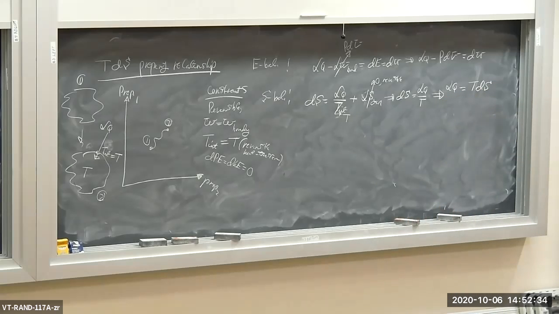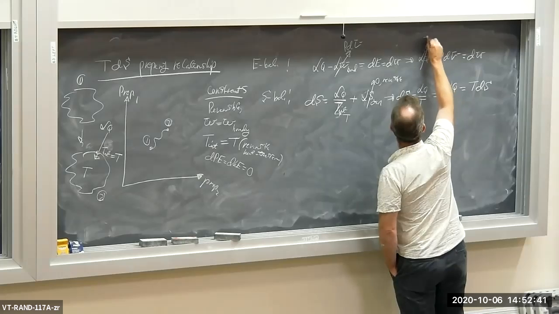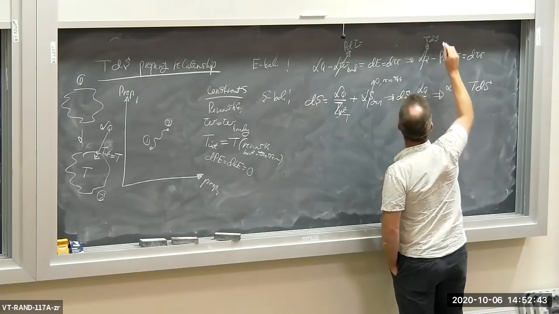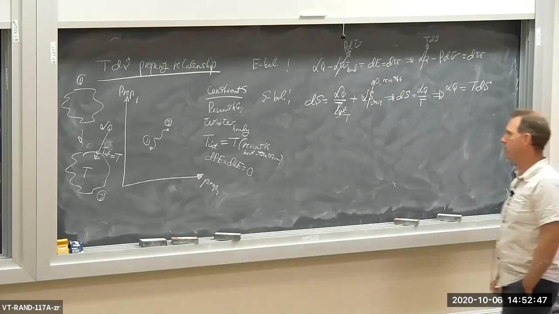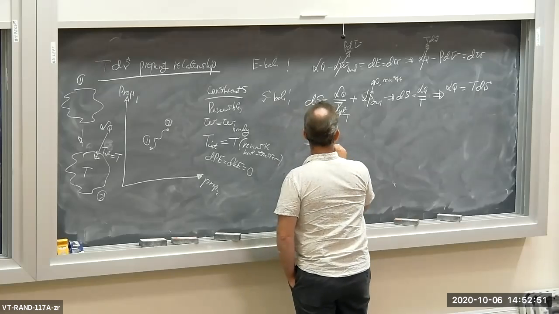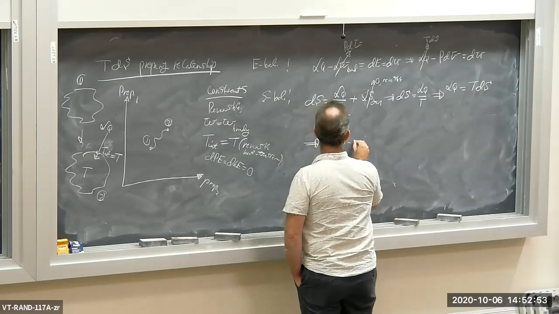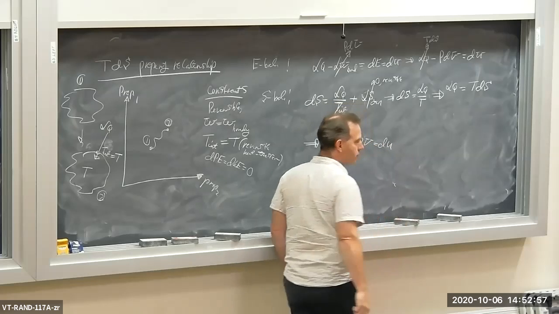Now I'm going to substitute that into my energy balance. So this is T dS. So I get the following: T dS minus P dV is equal to dU.